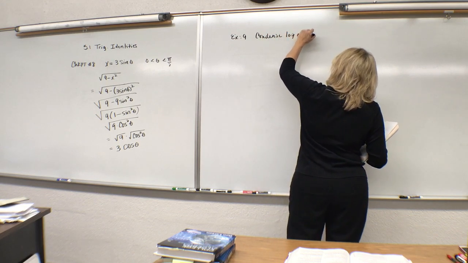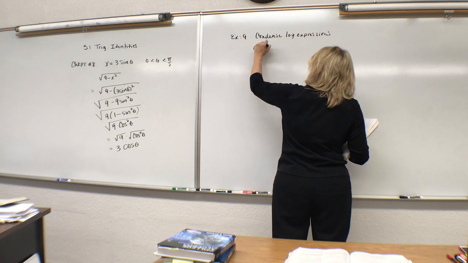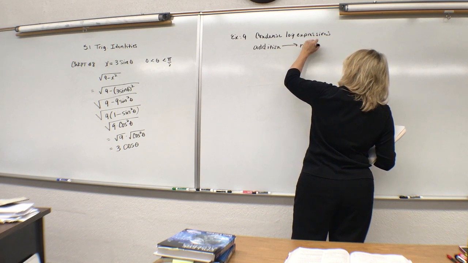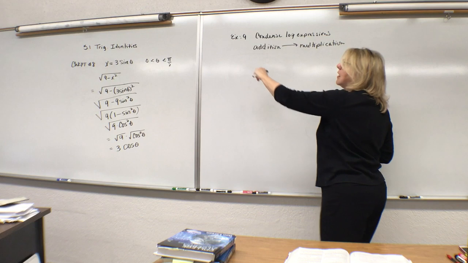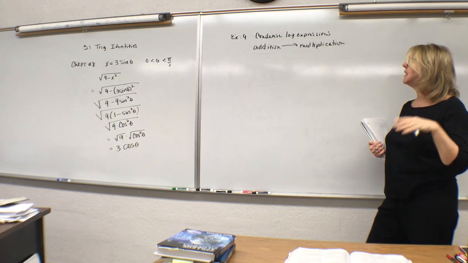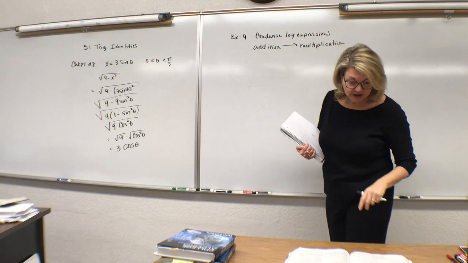log expressions, addition turns into multiplication. So again, recalling from earlier in the school year when we were working with logarithmic expressions and equations, we knew that addition would condense to multiplication.